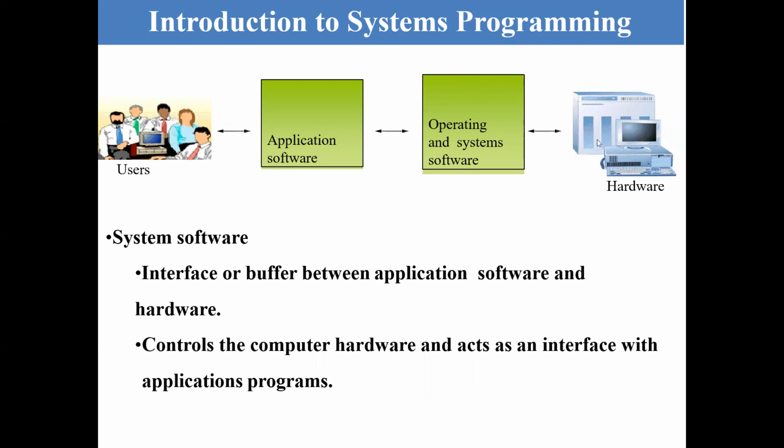You can use it for any application. So what is the definition of system software? It is an interface or buffer between the application software and hardware. Yes, you can see in the diagram. It controls the computer hardware and acts as an interface with application programs. Okay.